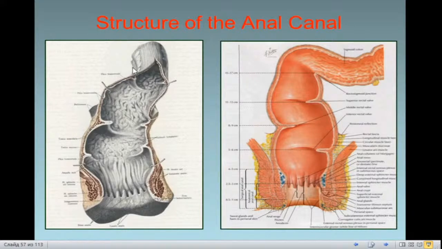The superior portion of the rectum will be supplied from the inferior mesenteric artery and will be drained to the hepatic portal vein for filtering, for detoxification, and the middle and inferior portions of the rectum will be supplied from the internal iliac artery and from the pudendal, which in turn belongs to the internal pudendal artery, and they will be drained to the internal iliac veins, meaning directly to the greater or systemic circulation.